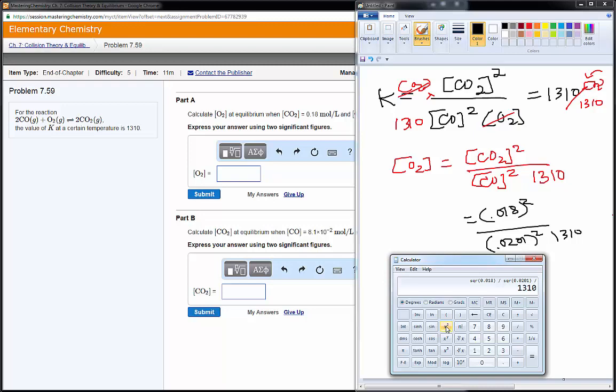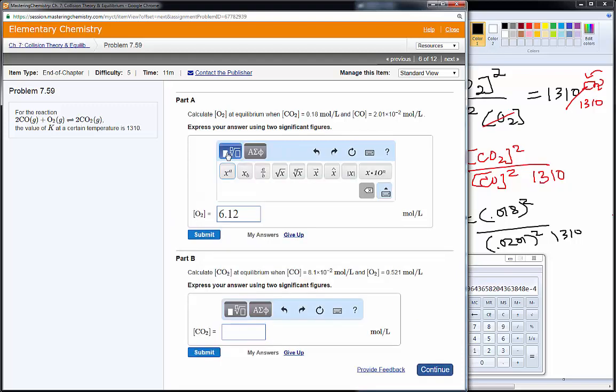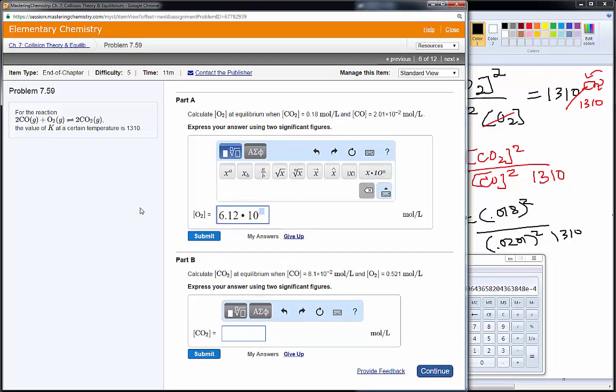Notice I hit divided by 1310 and not multiplied by 1310, because if I hit multiply, then it's going to move the 1310 to the top. 6.12 times 10 to the fourth. Negative fourth specifically.